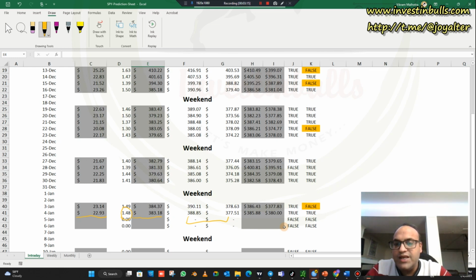As soon as I saw the red candle and the fall, the price at that particular time was 384.85. When I saw the red candle, I tried to take a short position, and I already knew the price could go down to 380.